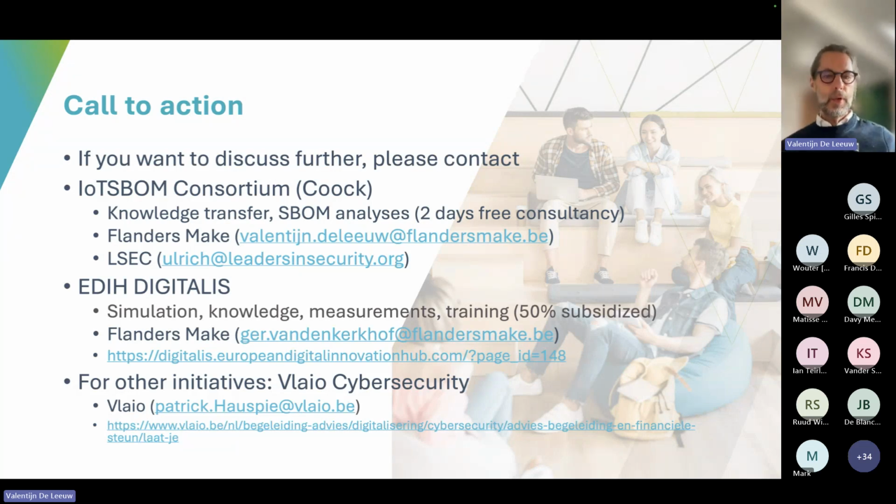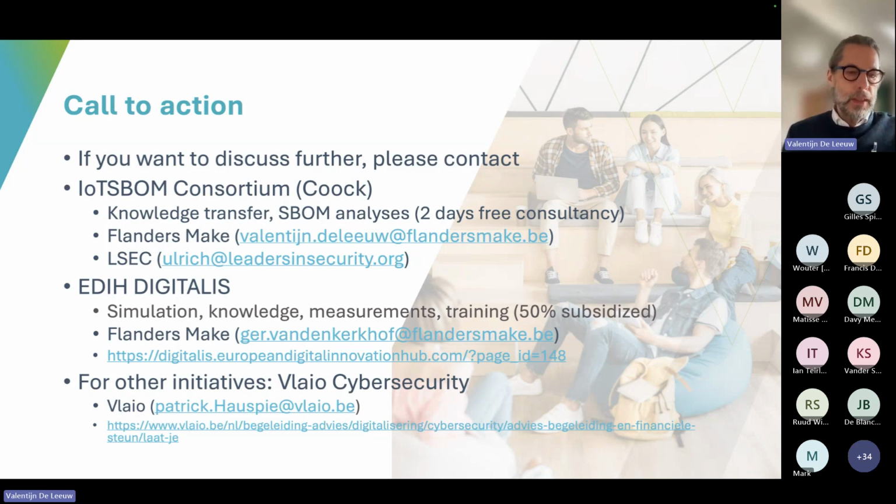There is the IoT SBOM Cook project that is focused on knowledge transfer and software bill of material analyses. And we can provide 2 days of free consulting to production companies. And you see our contact information.